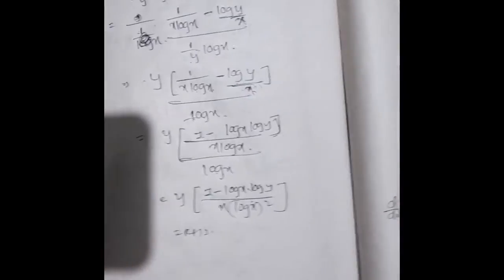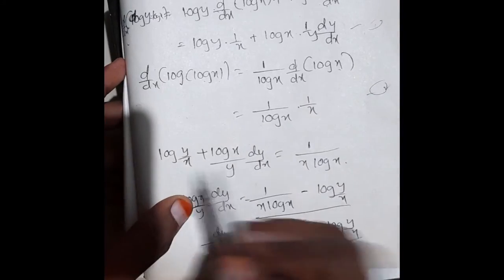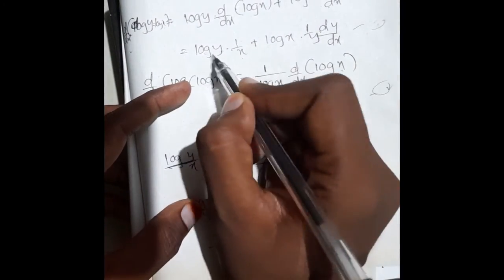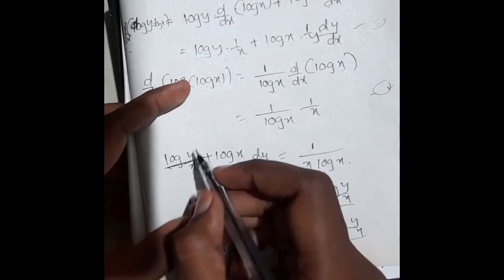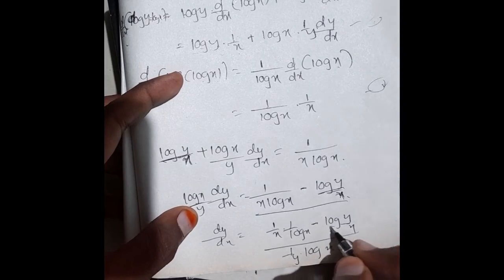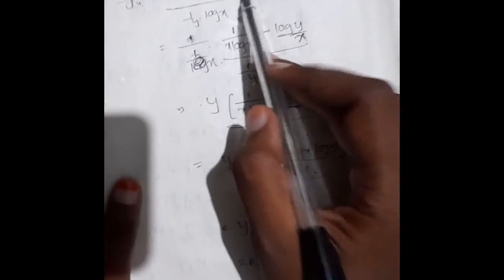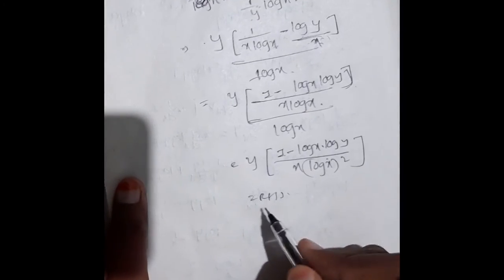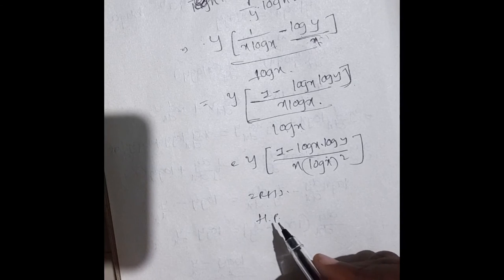So the mistake that we made here is: it's not this, it's log y by x. See, log y into 1 by x means log y by whole x. So here also log y by x, everywhere. This is the RHS, hence proved.